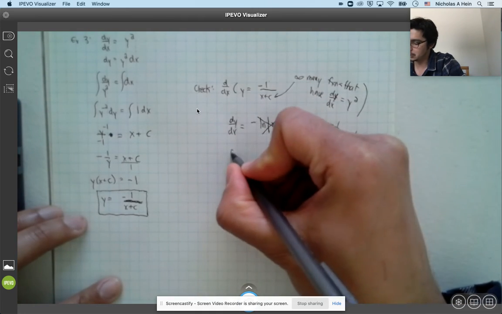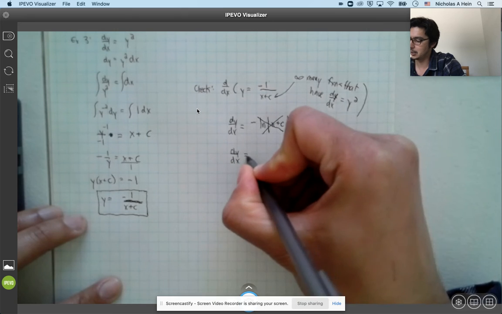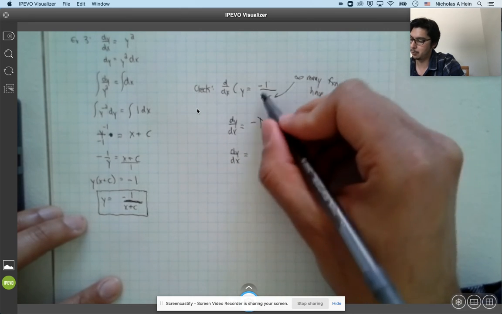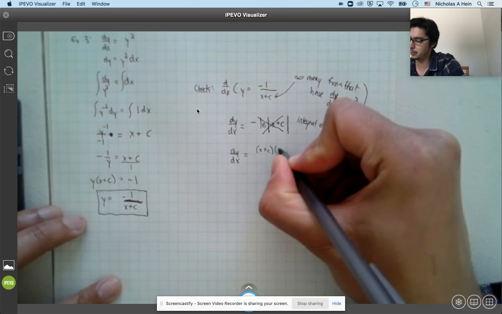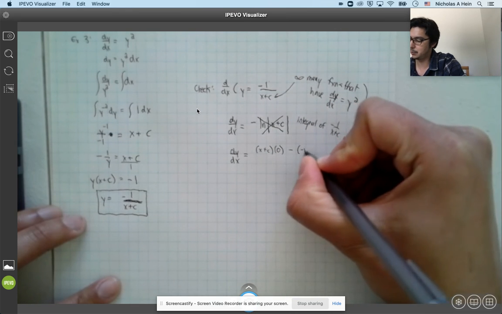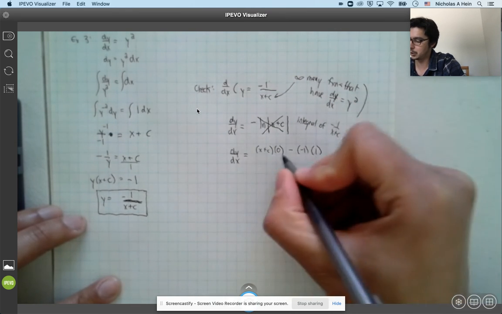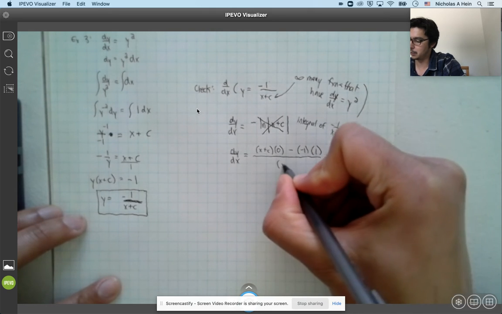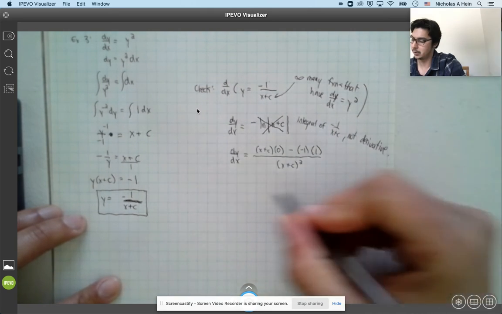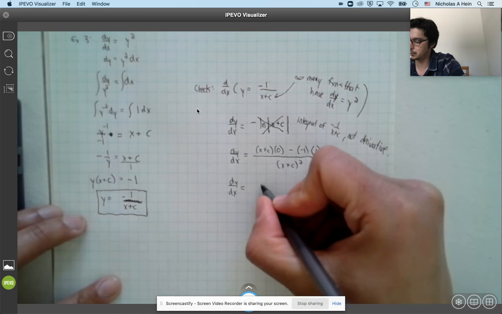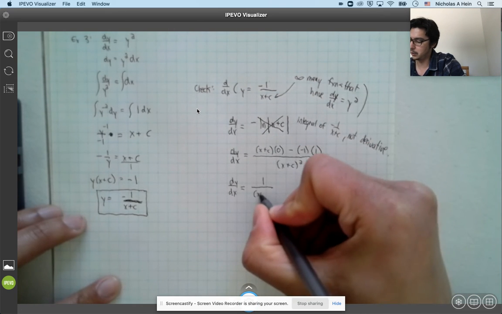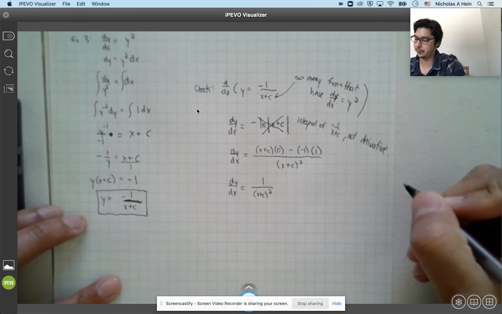So let's go dy/dx. It's going to equal, so it's the quotient rule. So it's the bottom times the derivative of the top minus the top times the derivative of the bottom, which would just be 1, all over the bottom squared. So then we'll get dy/dx is equal to, that just makes 1 on top, over (x plus c) squared.